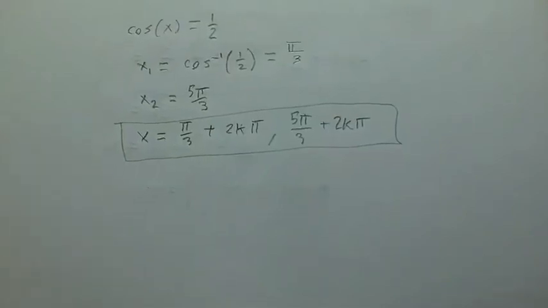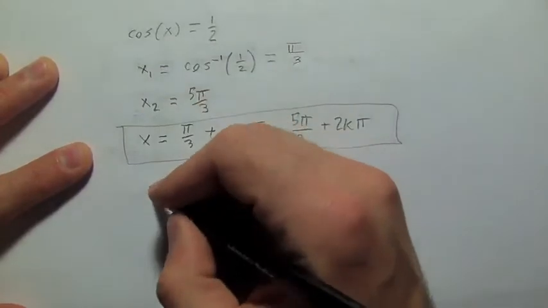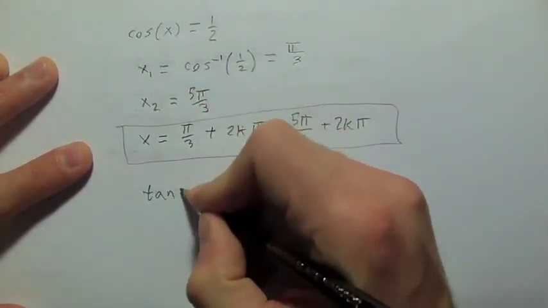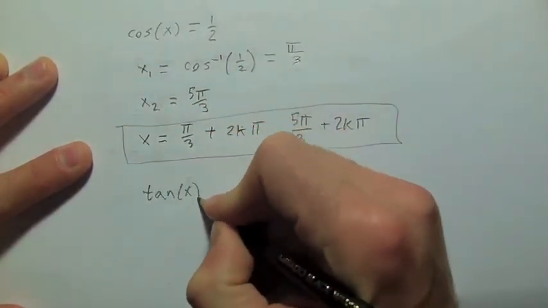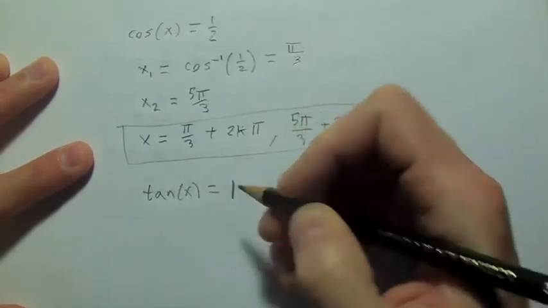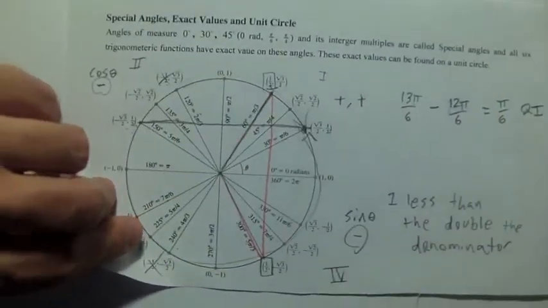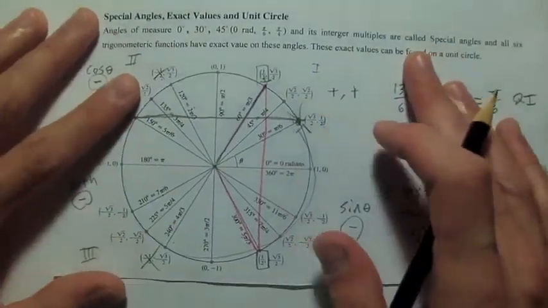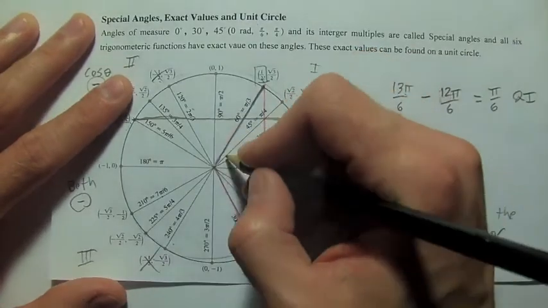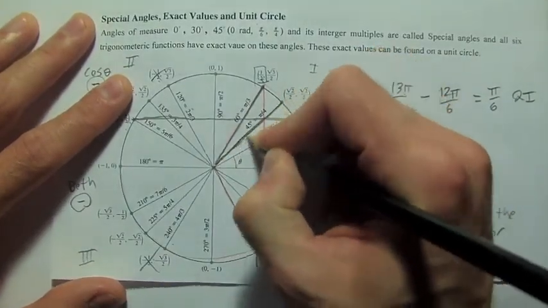And the final type of trig solution that I want to talk about that will pop up is a tangent equation. Say we have tangent of x is equal to 1. Now this is one we already looked at, where tan of x is equal to 1 is actually right here at pi over 4.